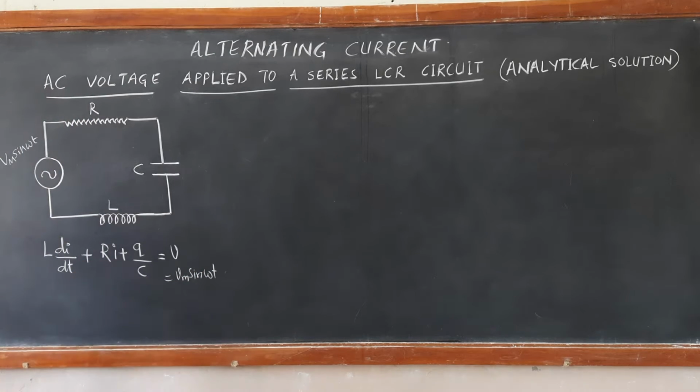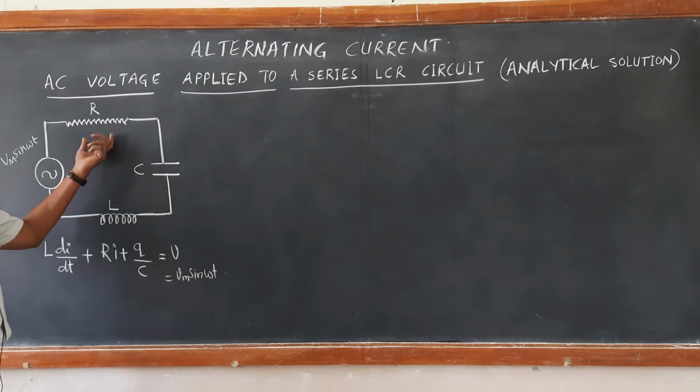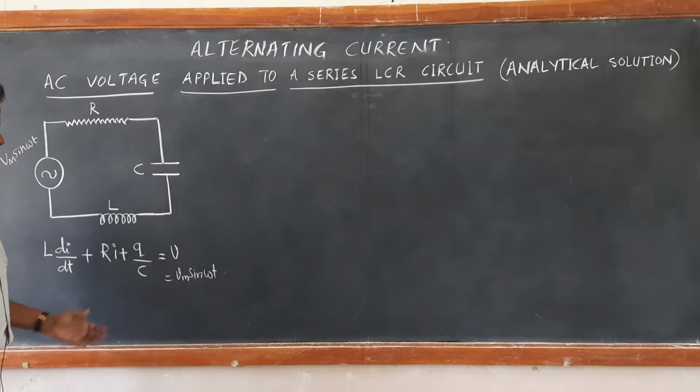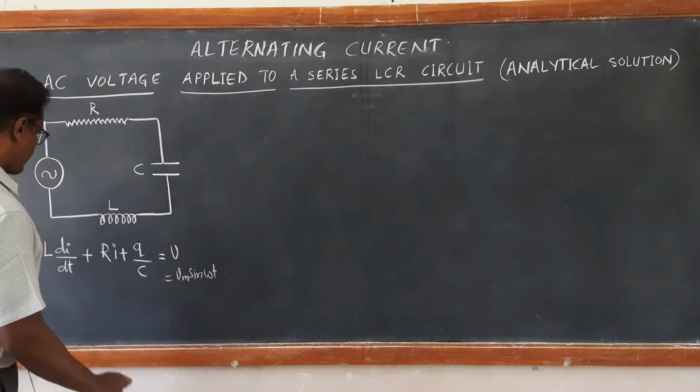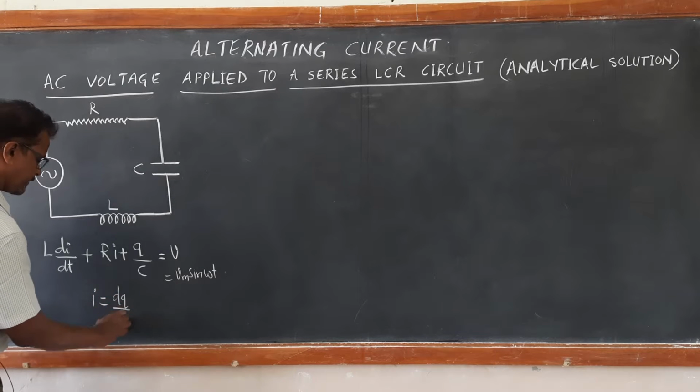Here L di by dt is the voltage across the inductor, Ri is the voltage across the resistor, Q by C is the voltage across the capacitor, and V is the source voltage Vm sin omega t, right? And here we know the instantaneous current I is given by dq by dt.